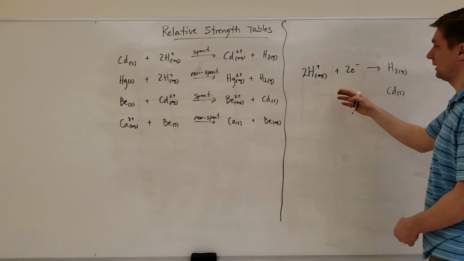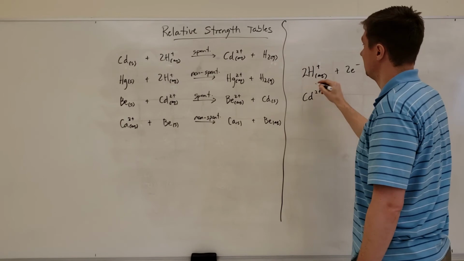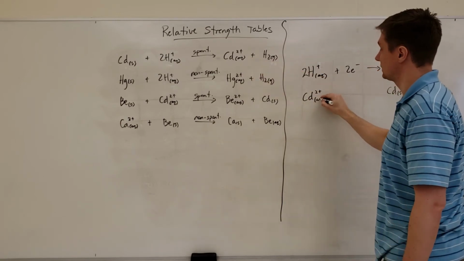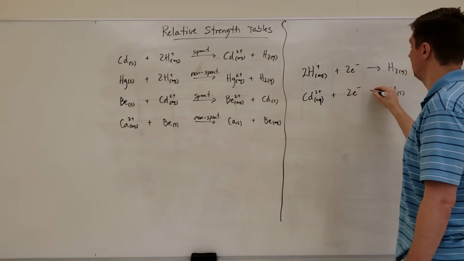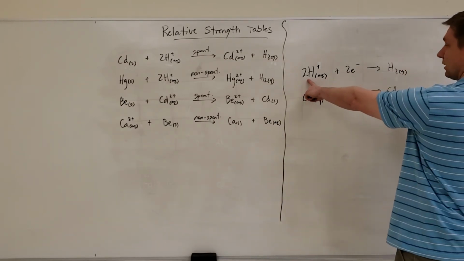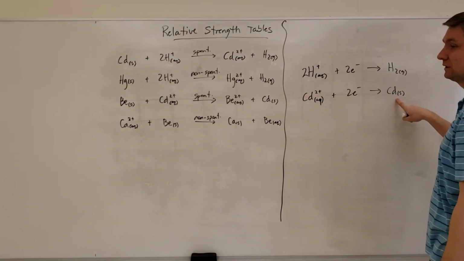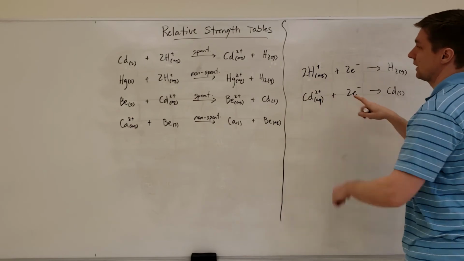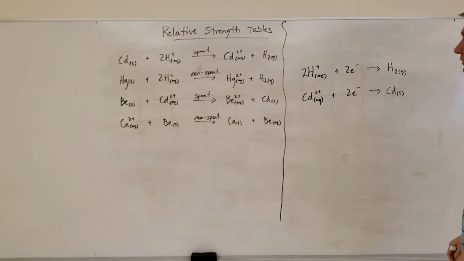And so then I can write my reduction half reaction for that. I know that Cd as an ion, as an oxidizing agent, is 2 positive, and so I'm going to gain 2 electrons to become Cd solid. So then I can double check my spontaneity rule, I've got H+ reacting with Cd solid. That's a spontaneous reaction. Left finger over right, spontaneous. That matches, so I'm good so far.